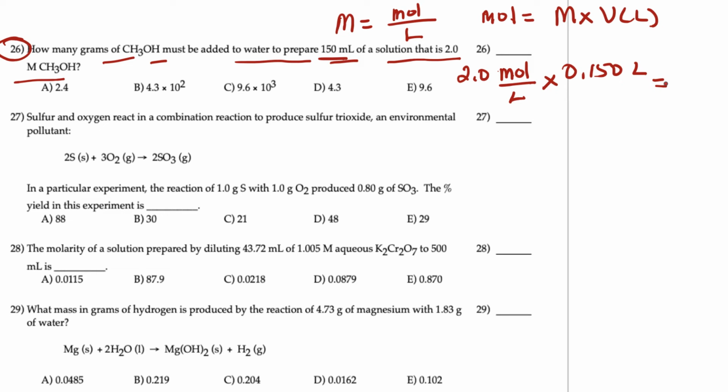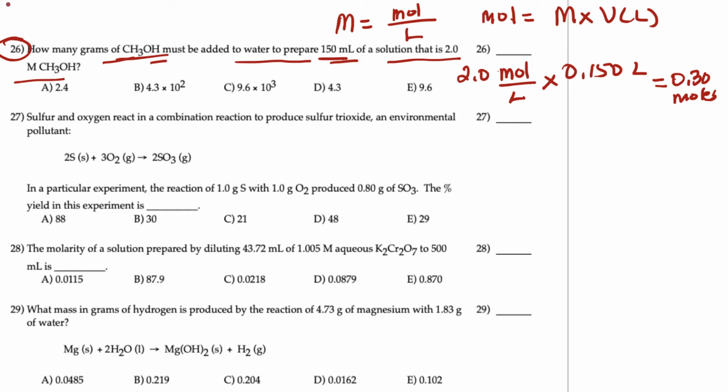And we'll put that into the calculator, and that's 2 times 0.15, and that'd be 0.3 moles. So now we need to calculate the molar mass of the methanol so we can convert moles to grams.